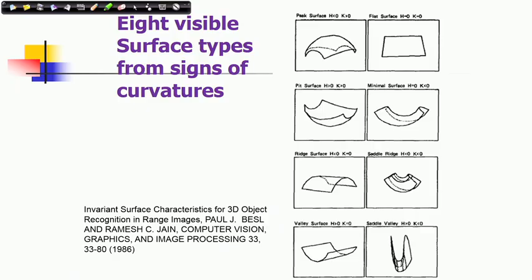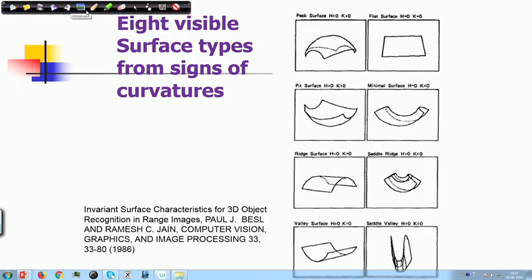You can see various kinds of local shape that could be attributed by the signs, in this case shown with respect to Gaussian curvature and mean curvature. So, if the mean curvature is negative and the Gaussian curvature is positive, then it is like a peak surface.